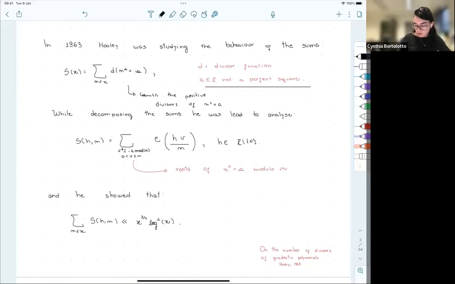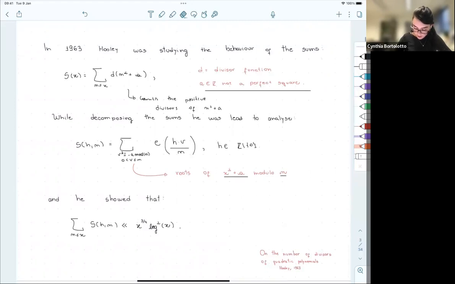So what we're doing here is taking this polynomial x squared plus a, and when we fix an a, we take all the roots of this polynomial mod n, and we sum e(2 pi i times this root divided by n).